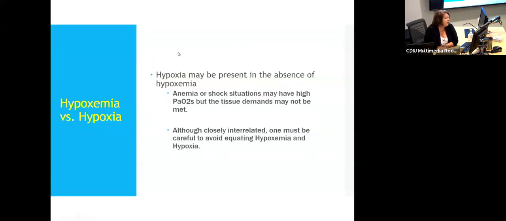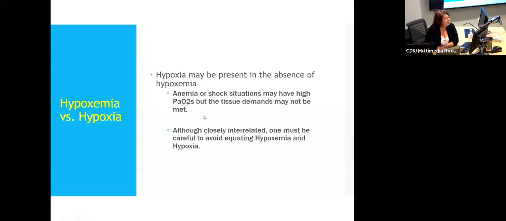The converse, on the other hand, is how hypoxia may be present in the absence of hypoxemia. So think about shock or anemia, where, if you've ever taken a blood gas of a patient while you're doing a resuscitation, they can have a very, very high PaO2, but because their circulation is impaired, they're not able to deliver that oxygen to the tissues.